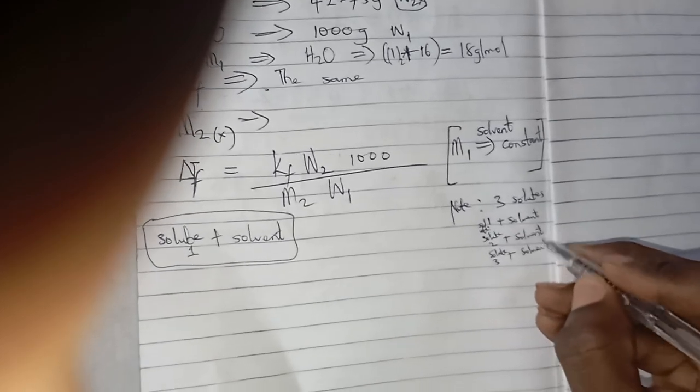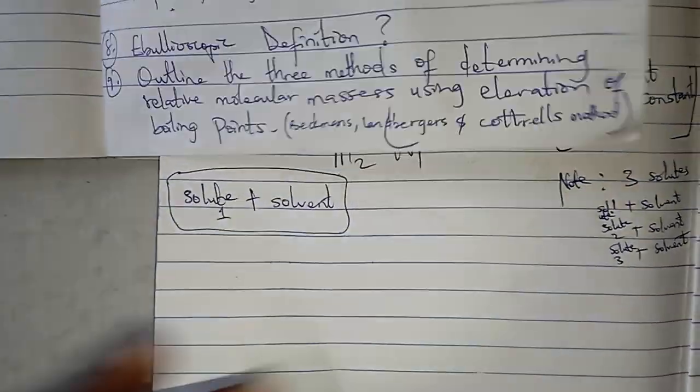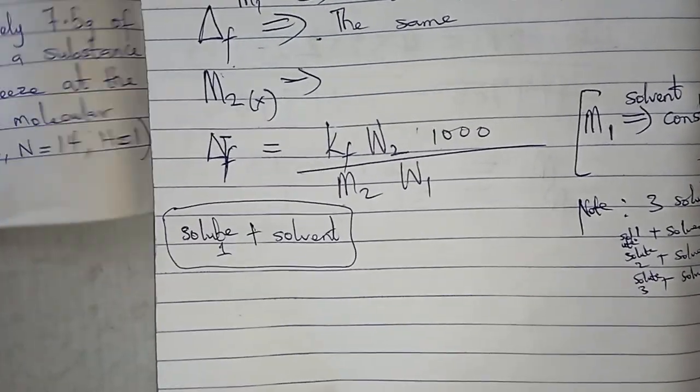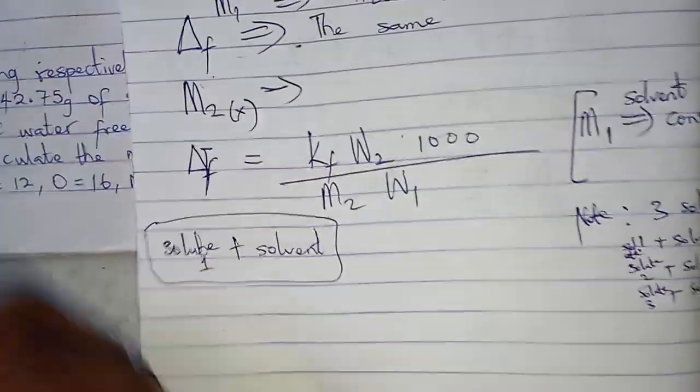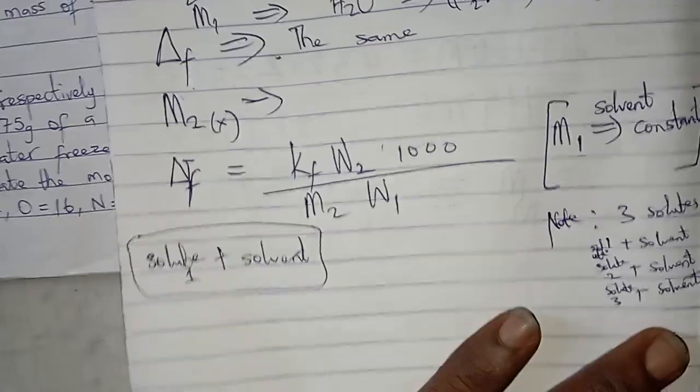If I'm given 2 solutes, I have to solve solute 1 with solvent, solute 2 with solvent. Then at the end of the day, I will equate everything and find the molecular mass I'm asked to find. It's not something strange.